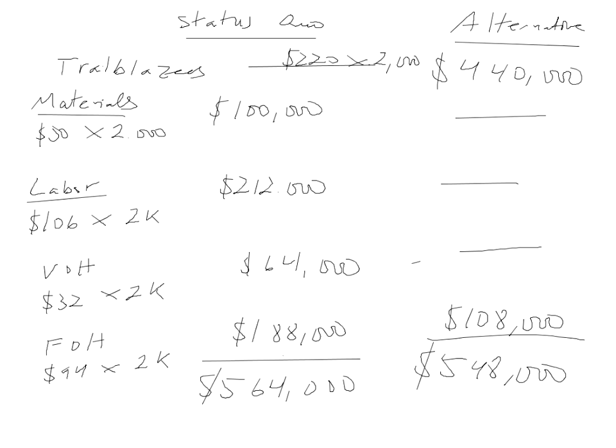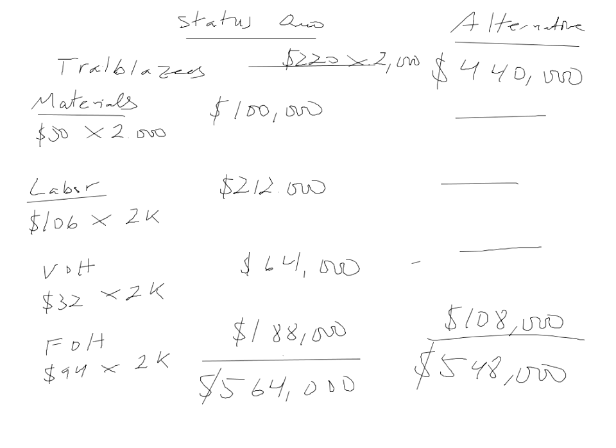Part B says should Mobility make the rear wheel assemblies or buy them, and when you're just considering profit, it looks like the status quo is a little bit more expensive than the alternative. So it looks like we should take the alternative and have the Trailblazers make them.